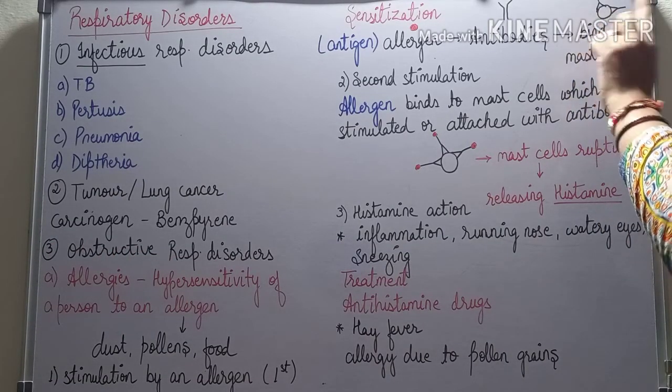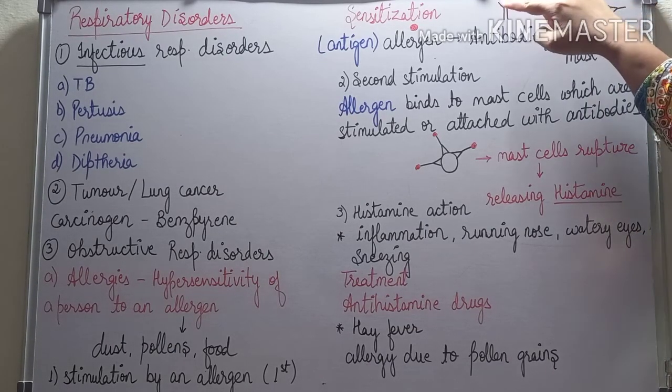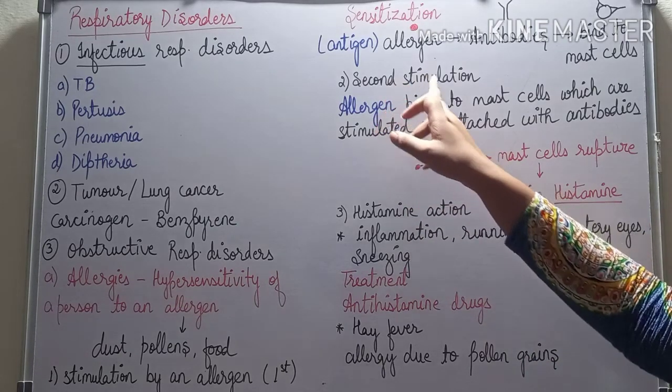This circular one is the mast cell, and the antibodies are Y-shaped structures, and they attach to the mast cells. This is the first step of allergy, that is sensitization, stimulation by an allergen. As soon as the allergen enters our body, it immediately produces a lot of antibodies, and those antibodies bind to the mast cells.